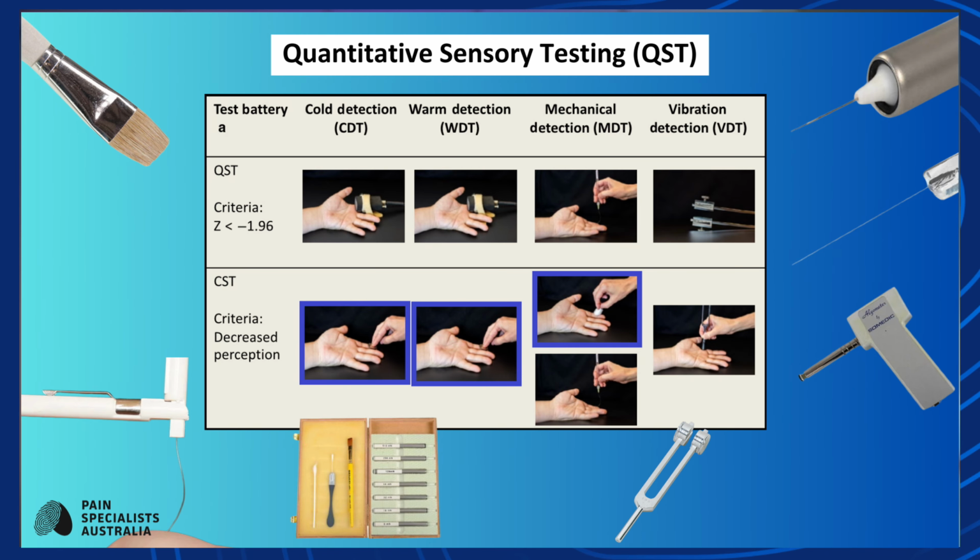Something called quantitative sensory testing can be done, which is a group of tests. These are clinical tests that assess the somatosensory nervous system and somatosensory function. We generally use this in a research setting, and sometimes it can be used as a supplemental tool in some clinical circumstances.